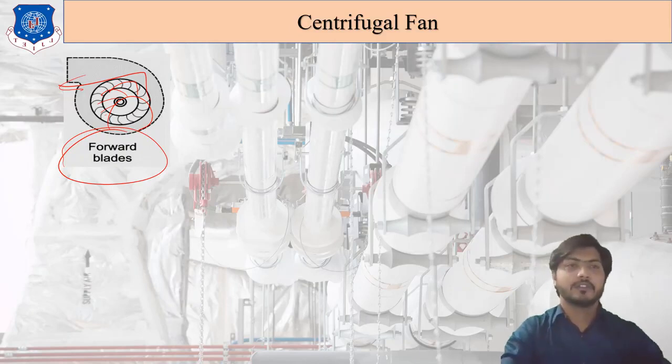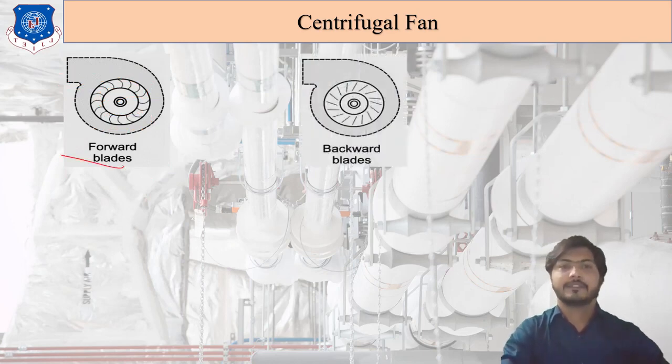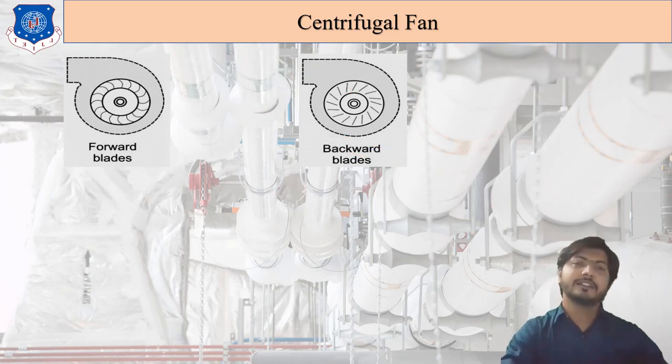If the direction of flow, discharge and blade direction are the same, that is known as forward. Next is backward: the direction is opposite. Flow discharges in one direction and the rotation is in a different direction. This is the centrifugal backward blade. Both directions are different, opposite, and in forward they are the same.